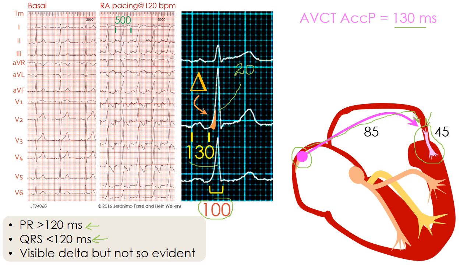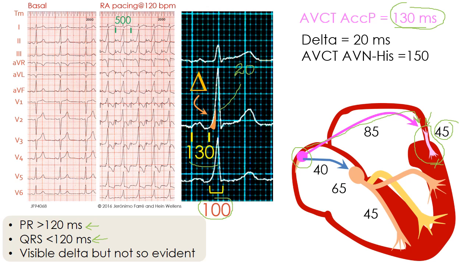We have postulated 45 additional milliseconds to cross the accessory pathway to arrive into the left ventricular myocardium, making a total of 130 milliseconds. Since the delta wave lasts for about 20 milliseconds and the PR interval is 130, this makes 150 milliseconds for the atrioventricular conduction times through the normal AV node His pathway.